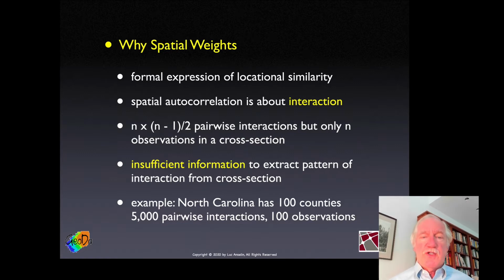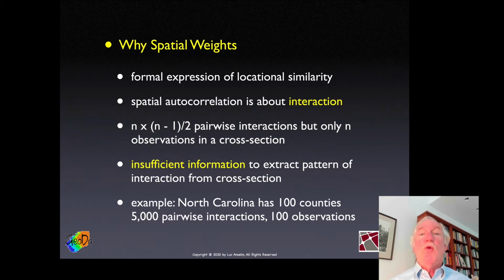Let's say the cross-section has n observations, but then we have all these pairwise interactions. And if you assume symmetry and you take out self interaction, then we have n times n minus 1 divided by 2 pairwise interactions.